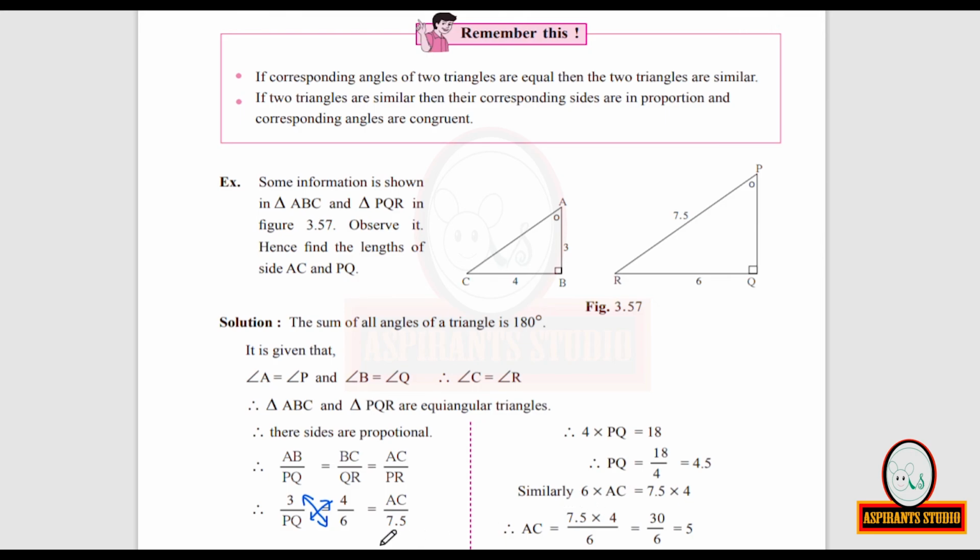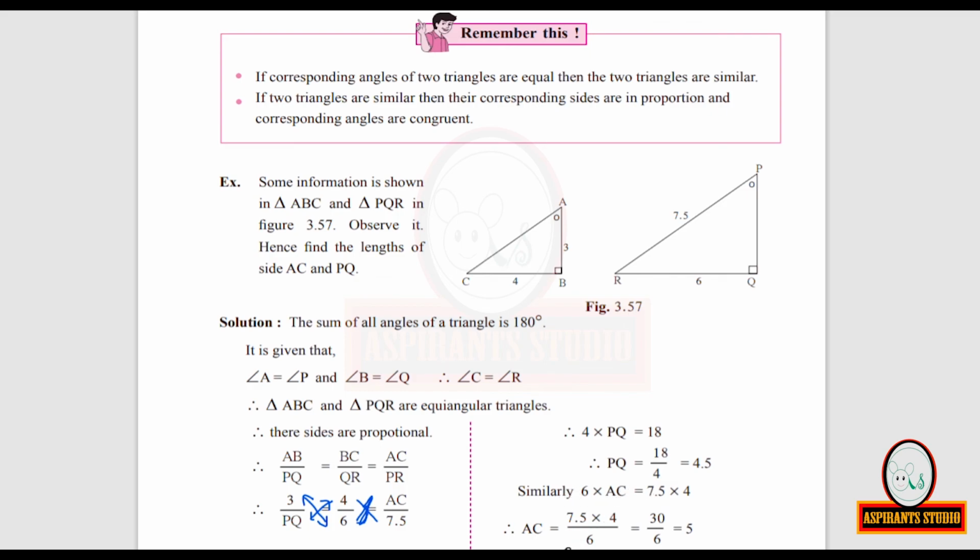Now similarly, consider the second ratio and third ratio here and do the cross multiplication. So when you do the cross multiplication here, you will get 6 multiplied by AC is equal to 4 multiplied by 7.5.